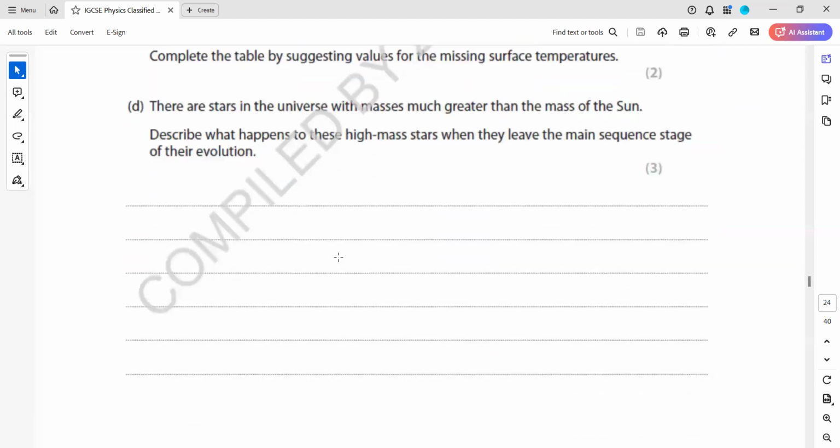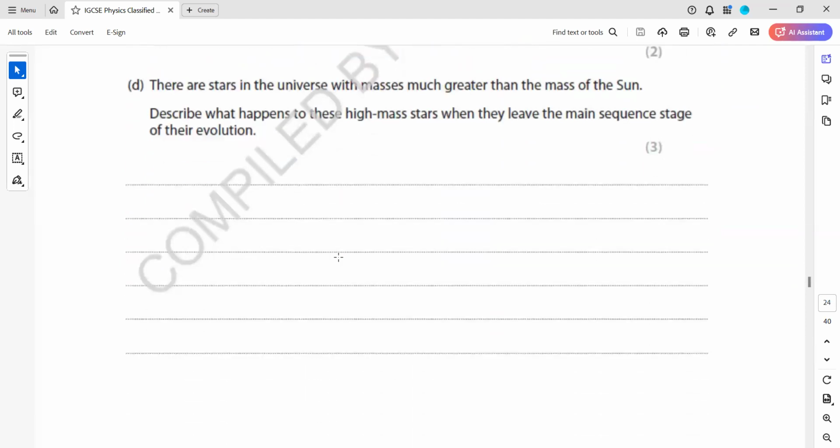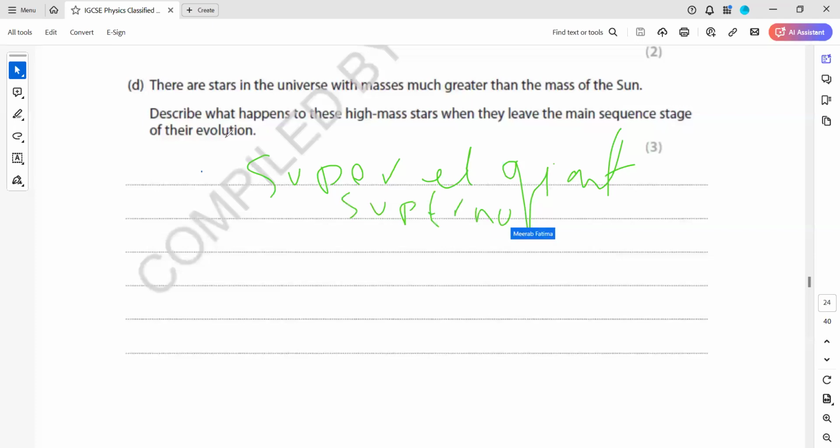There are stars in the universe with a mass much greater than the mass of the sun. Describe what happens to these high mass stars when they leave the main sequence. So first we have a main sequence star, a high mass star. After the main sequence, what will it turn into? It will turn into a supergiant. After the supergiant, explosion, supernova.